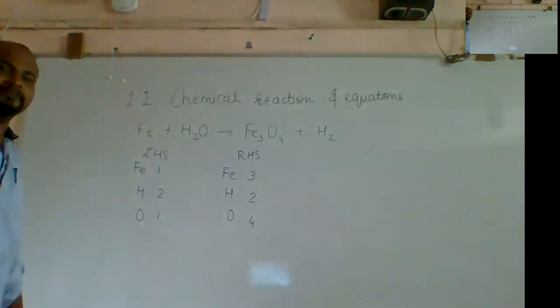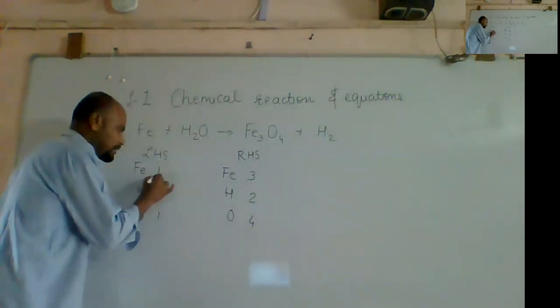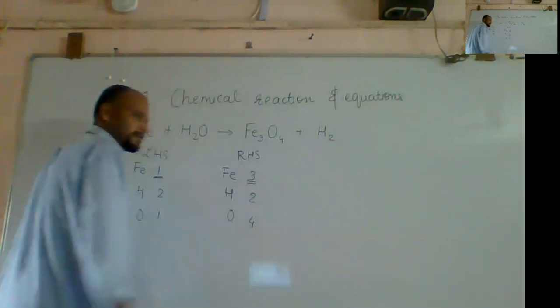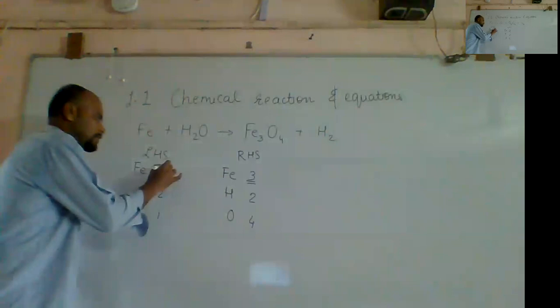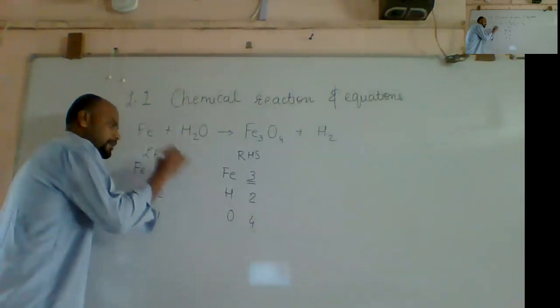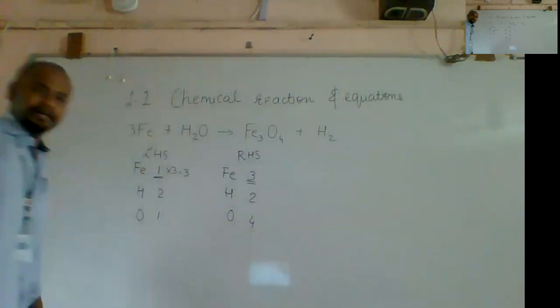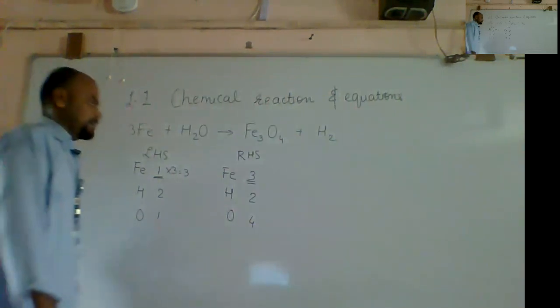As mentioned earlier, we will balance the metal first. The number of atoms of iron on the reactant side is 1, and that on the product side is 3. So putting a prefix 3 in front of iron on the reactant side, we get the iron balanced. Now moving on to the next element.